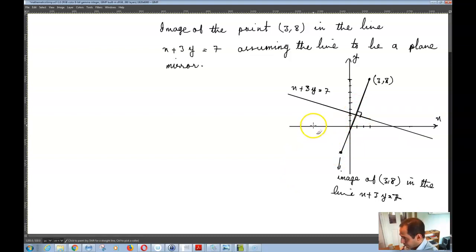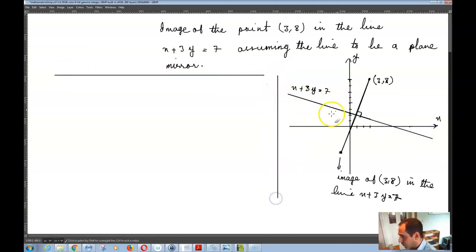Now the way that you can do that is that, of course, you know that these two lines are perpendicular. Since you know the equation of this line, you can find its slope and the equation of the other line.